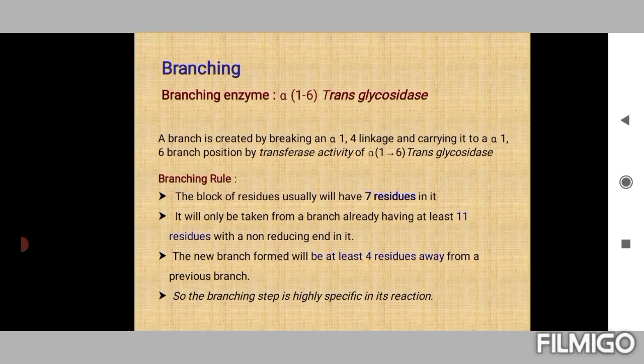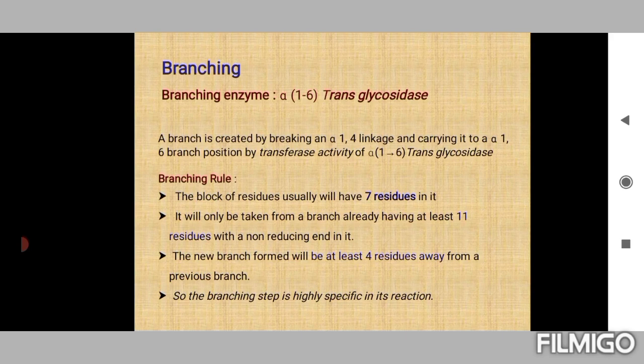These 7 residues are taken from a branch which already has at least 11 residues with a non-reducing end. This is another rule. And when this stretch of 7 residues is taken to another position, the new branch is created at least 4 residues away from a previous branch.